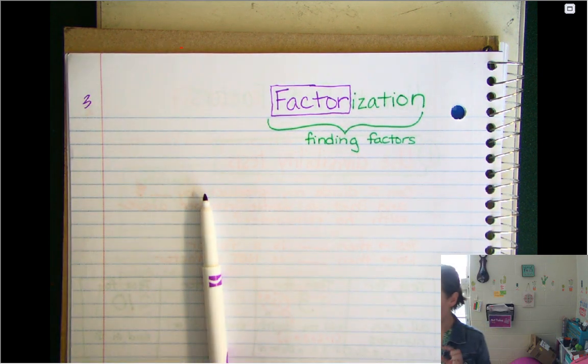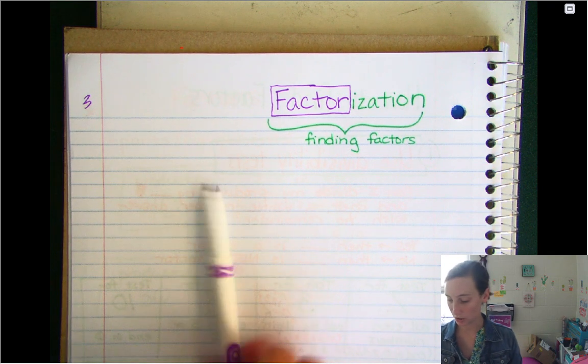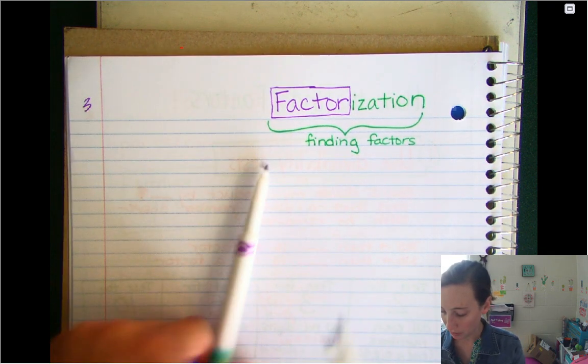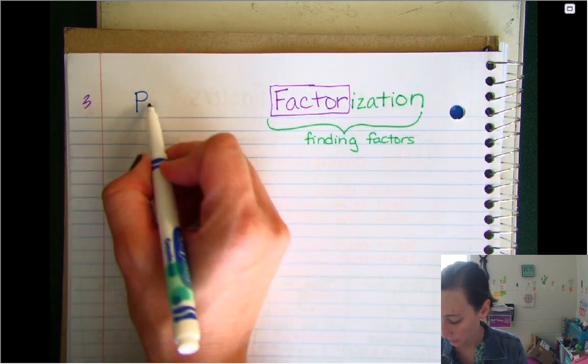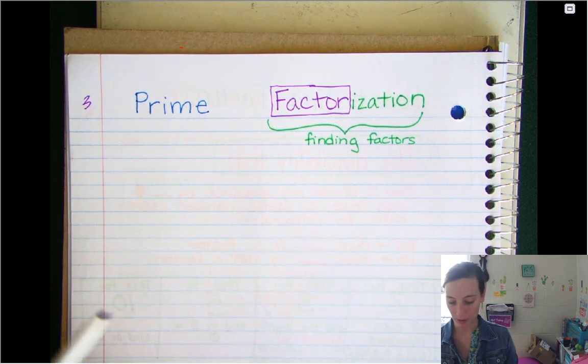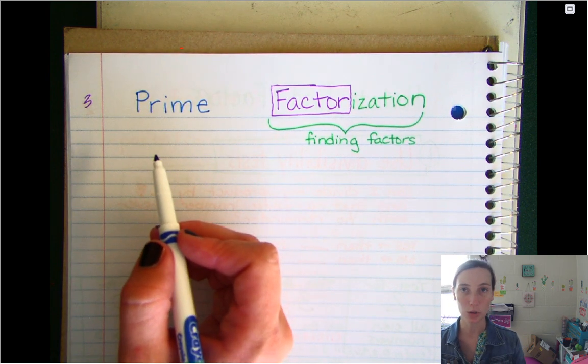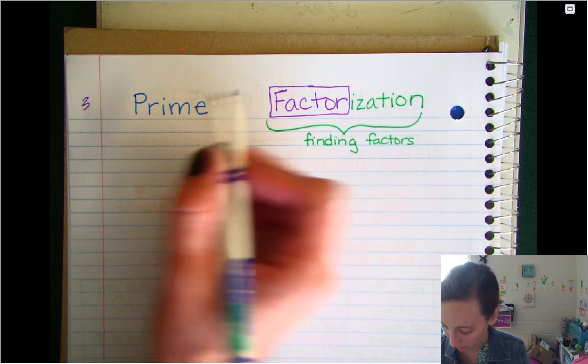So then the little bit that we're going to add to it now from what we did yesterday is prime factorization. Prime numbers are numbers that have exactly 2 factors, one and itself.